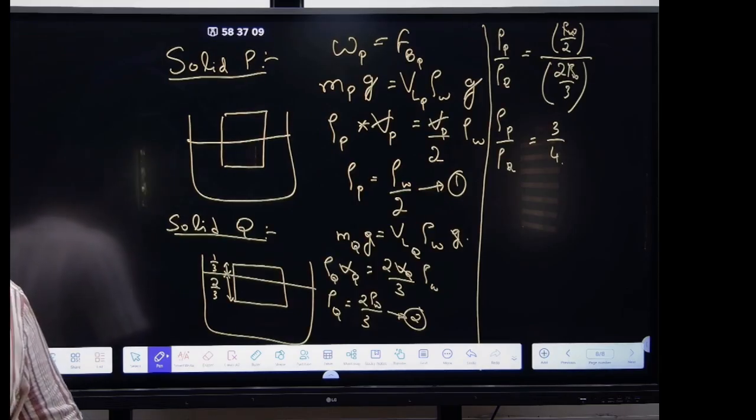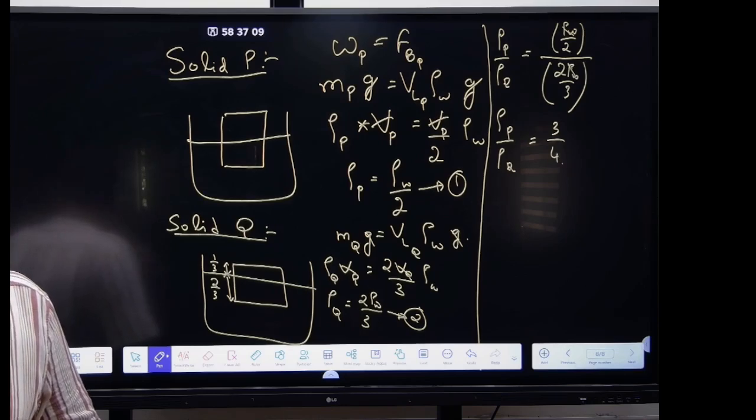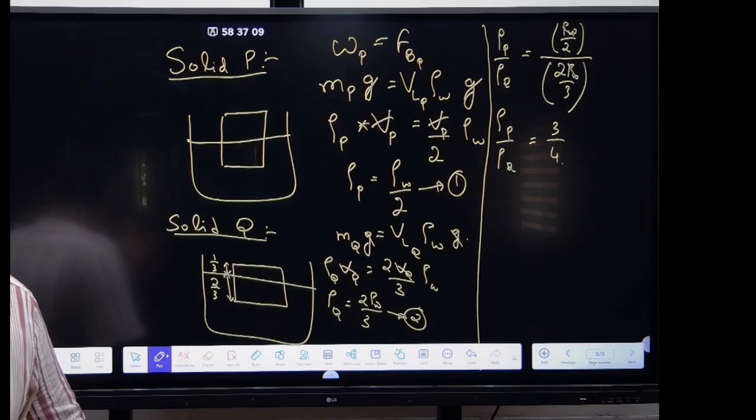Second one, VB, we have to consider RB. So VA by VB is equal to AB by AA. AB is nothing but pi RB square divided by pi RA square. Pi gets cancelled, so it is RB square divided by RA square.